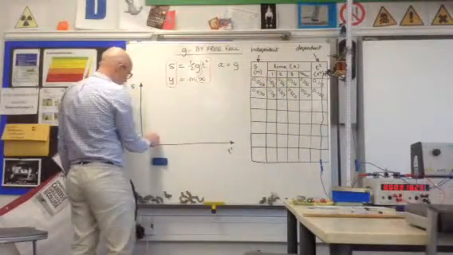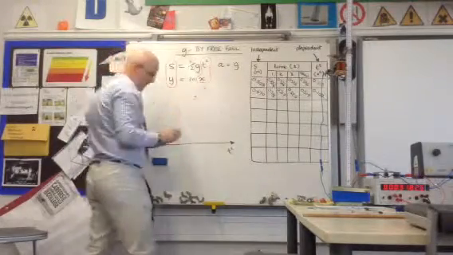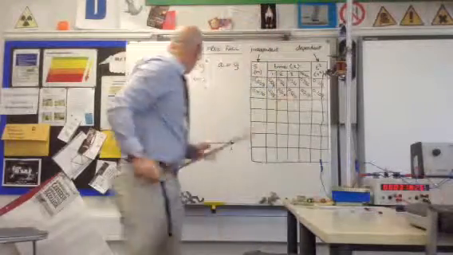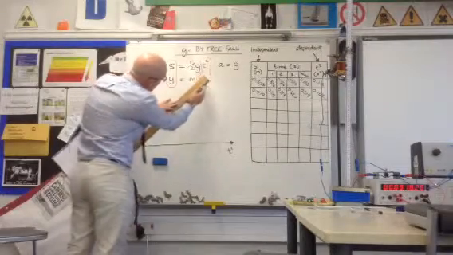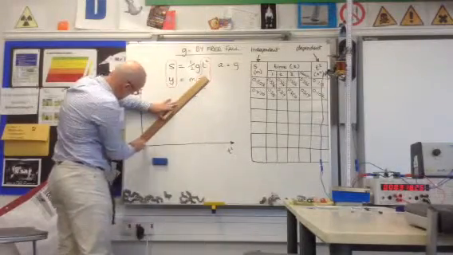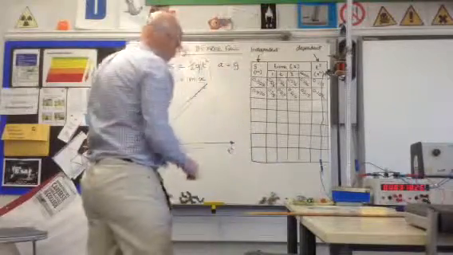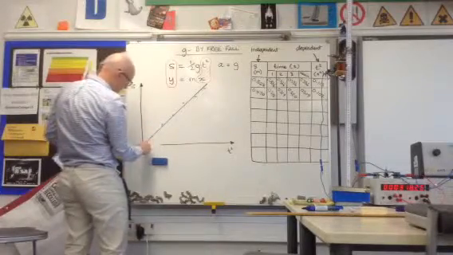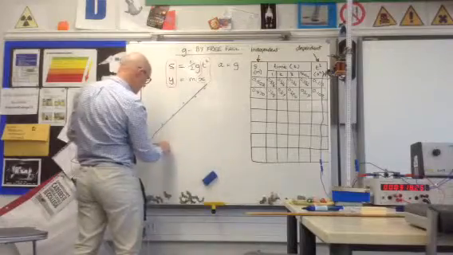And it will look something like this. And of course, hopefully, it looks a bit like a straight line. It's not perfect, doesn't matter. Now, strictly speaking, you would expect that to go through the origin, so we'll just adjust that slightly.